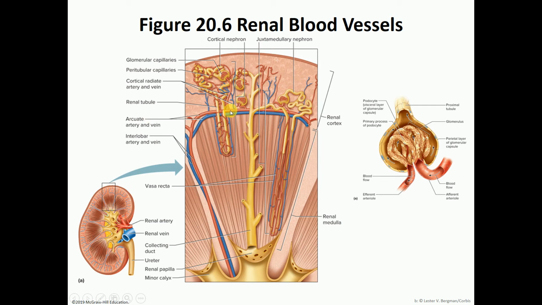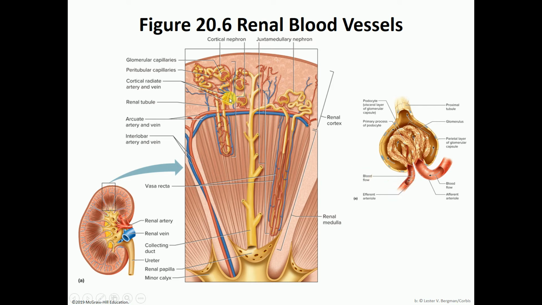And then off of the arcuate artery, you'll find several branches going into the cortex, and those are known as the cortical radiate arteries. Now that cortical radiate artery will become the afferent arteriole entering into the glomerulus. So here you can see the afferent arteriole becoming the glomerulus, and then exits as the efferent.